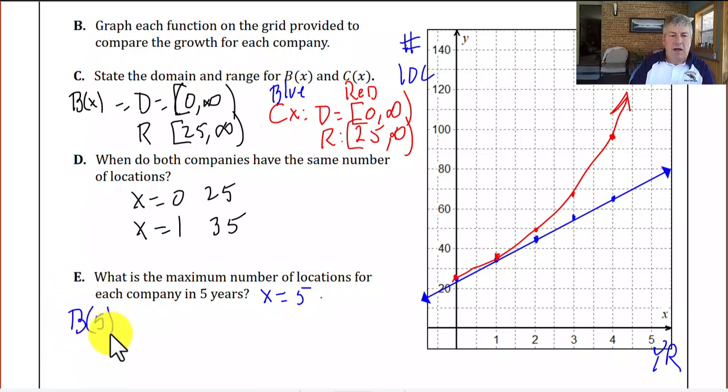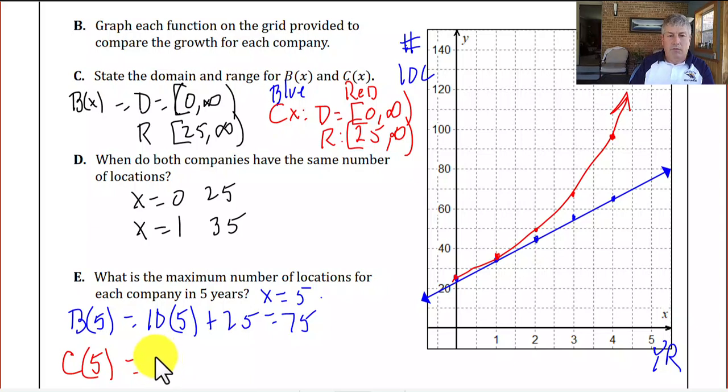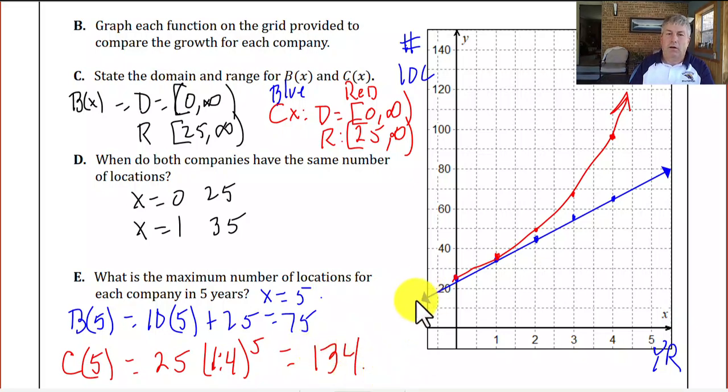B of 5 equals 10 times 5 plus 25, or 75. And c of 5 equals 25 times 1.04 to the 5th equals about 134. So they're increasing at an increasing rate.